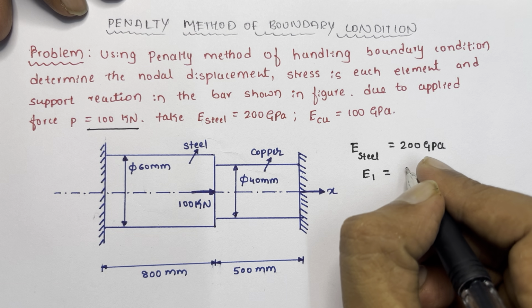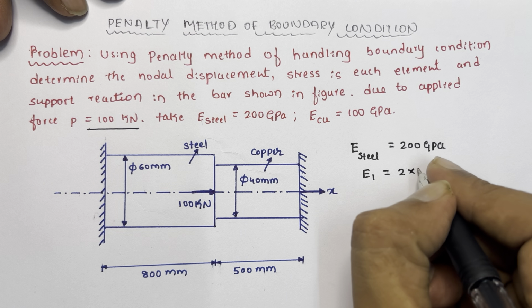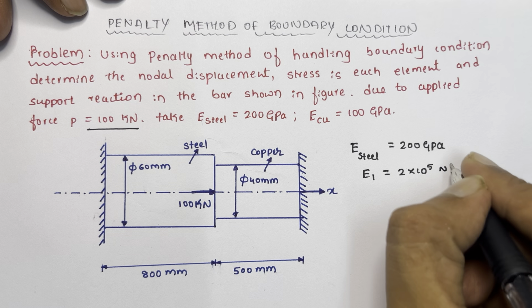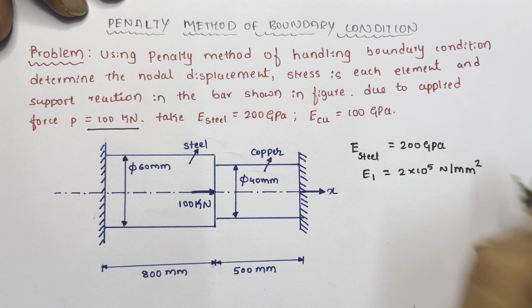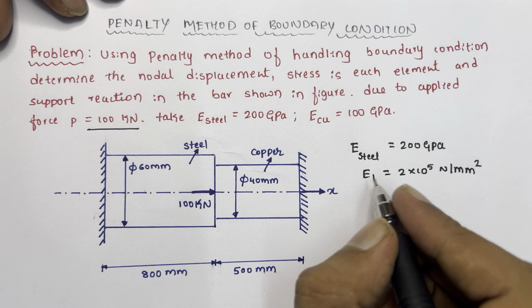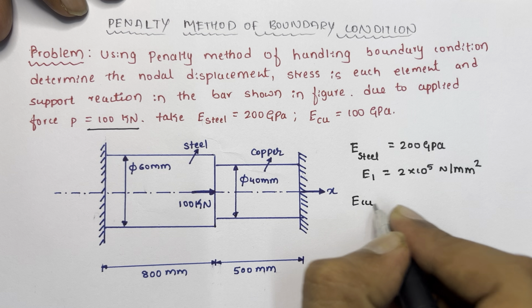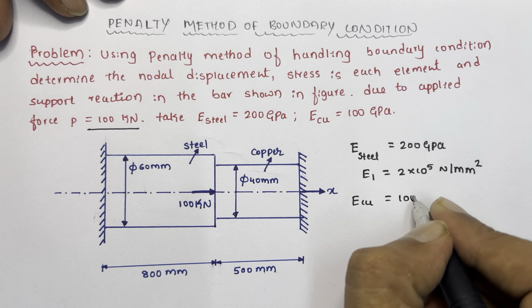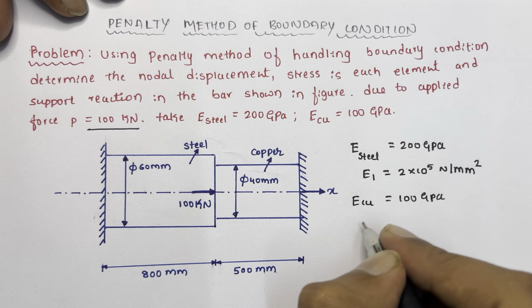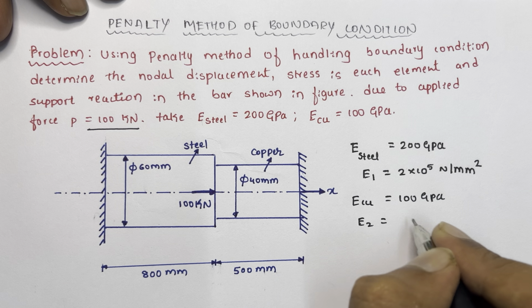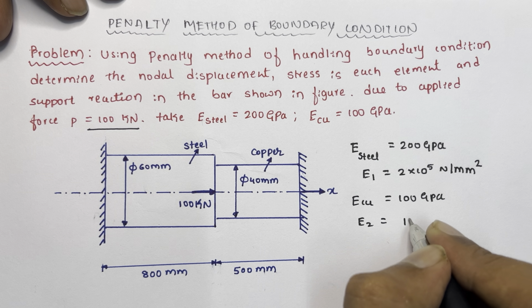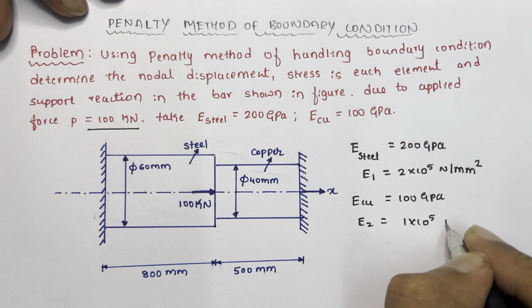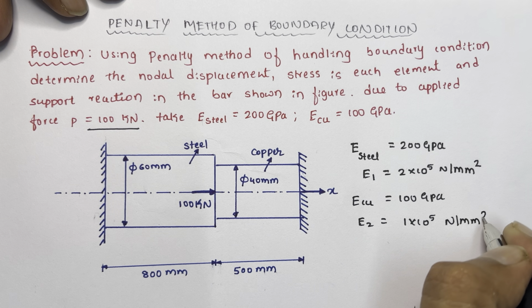After conversion we'll get 2 into 10 raised to 5 Newton per mm square. Similarly for copper we have 100 GPa. So E2 is equal to, after conversion, 1 into 10 raised to 5 Newton per mm square.